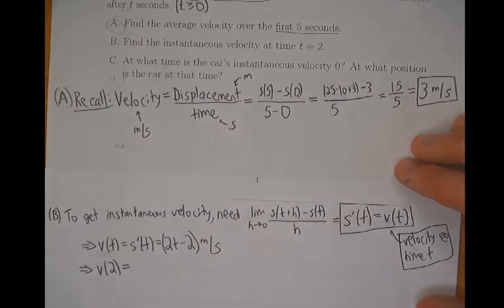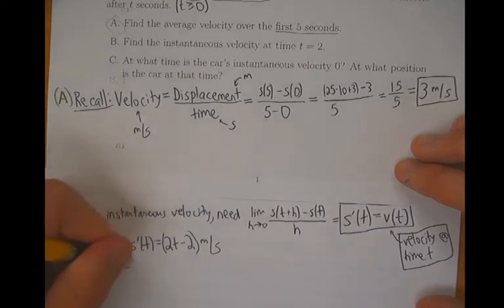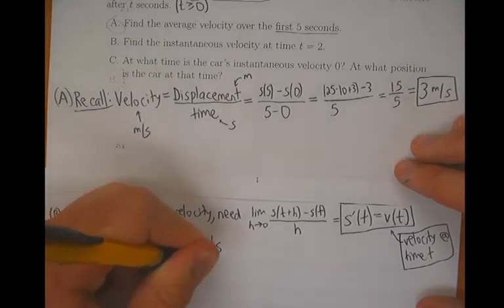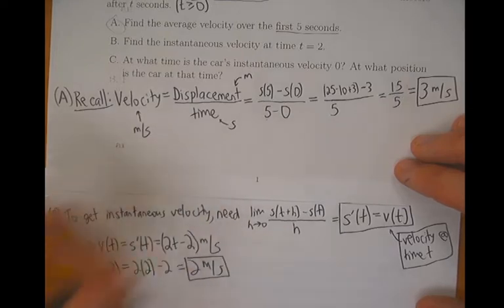So v of 2 would just be 2, right? Because you have 2 times 2 minus 2, and that's just 2. And again, that's in meters per second. Okay?